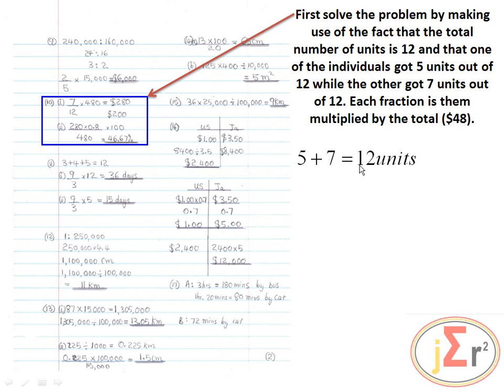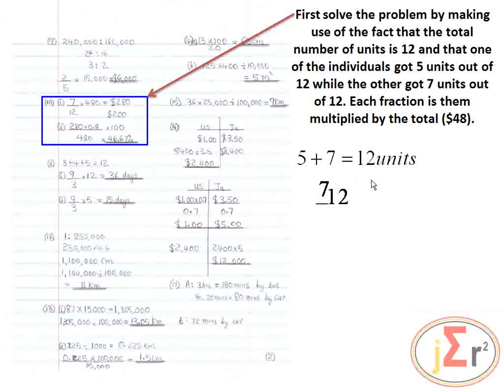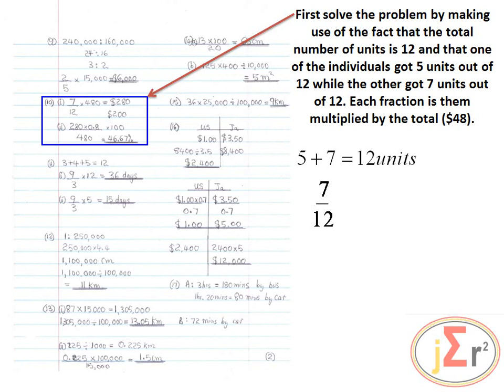Therefore, we have a total of 12 units. Out of the total of 12 units, one individual gets 7, so 7 out of 12 of the total amount. So 7/12 of the total amount. And the other one gets 5/12 of the total amount.